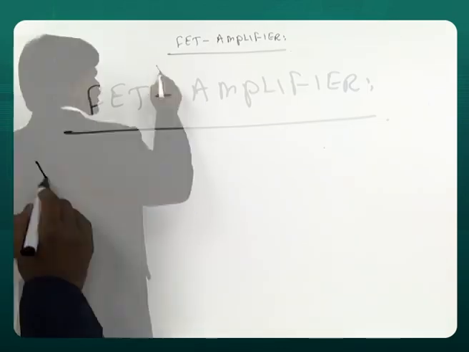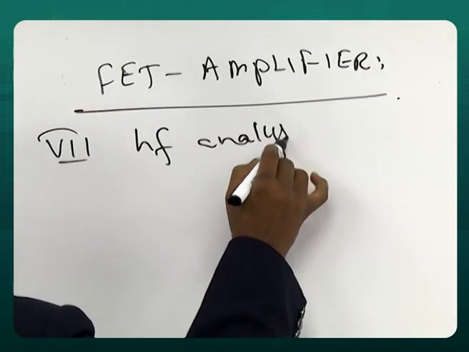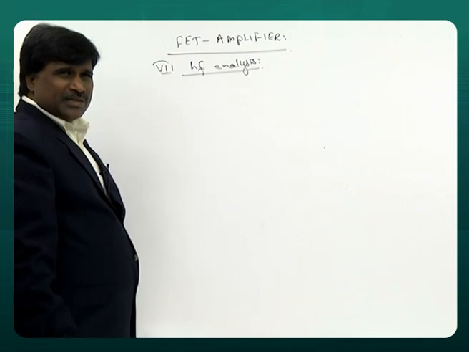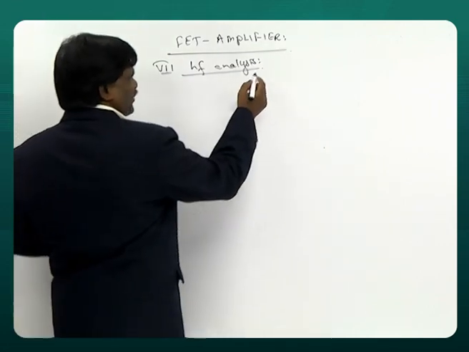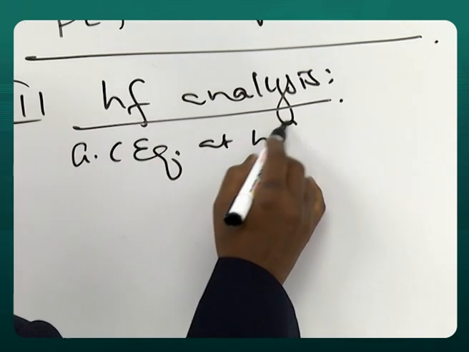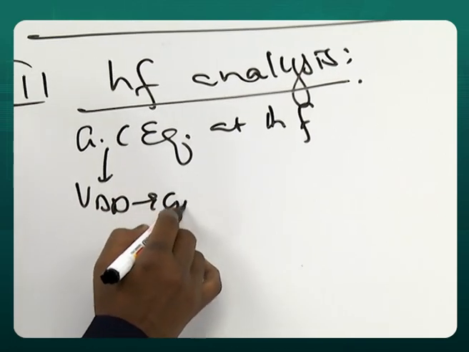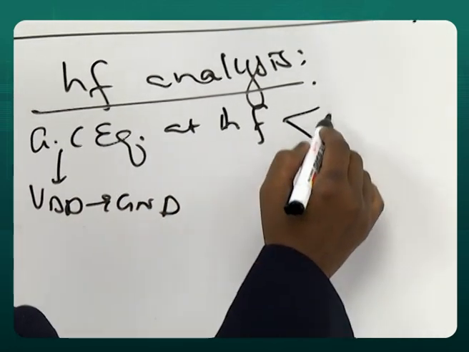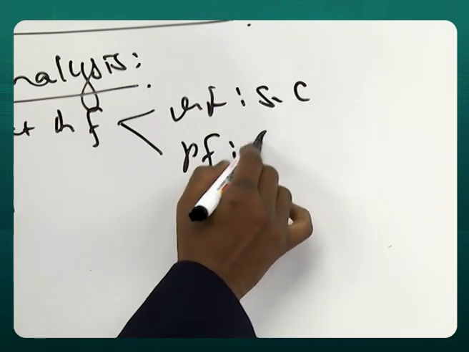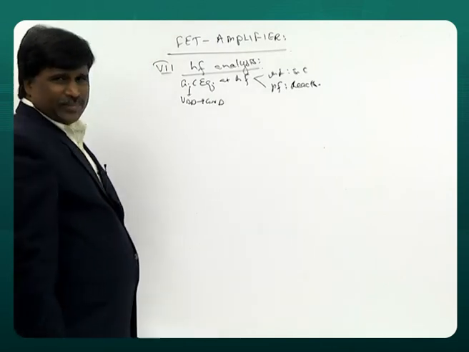The last thing that we are studying is high frequency analysis. Remember the same circuit. High frequency means what? For example, if I draw AC equivalent at high frequency, AC means supply is grounded. High frequency means microfarad is short, picofarad reacts. That's what is going to happen.